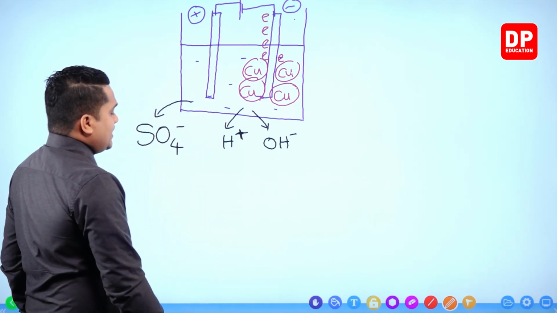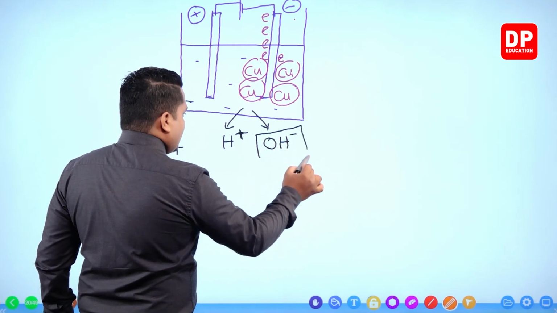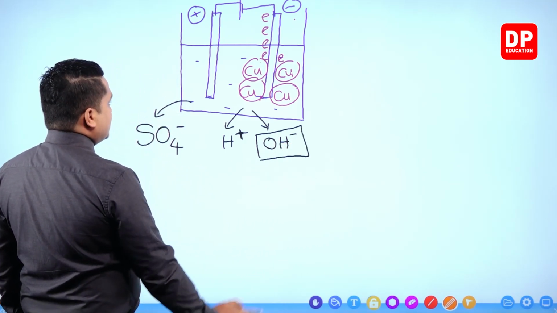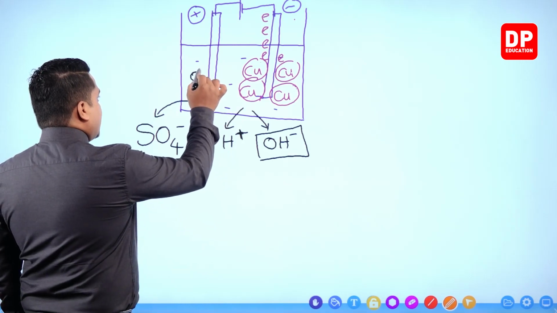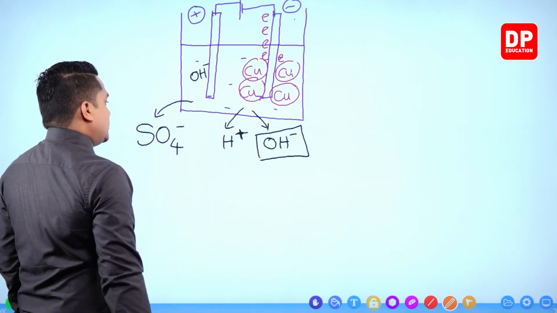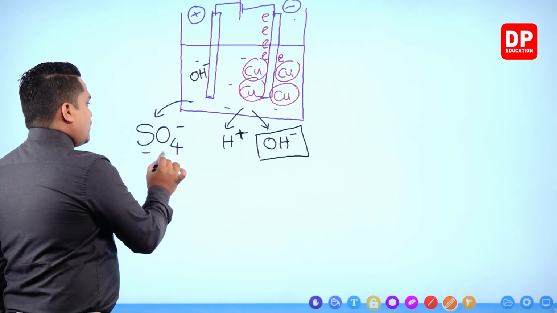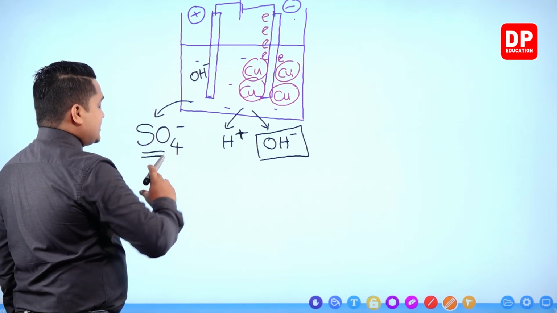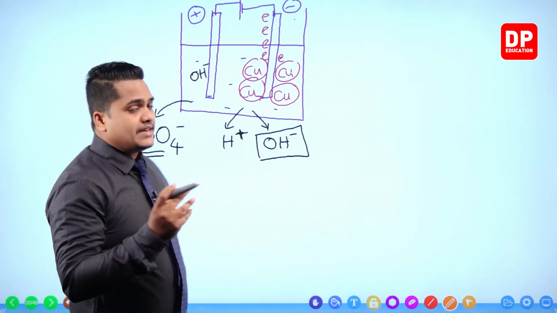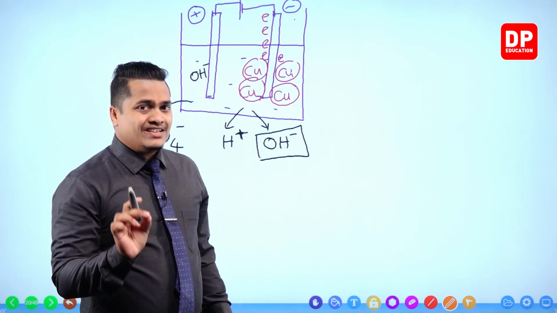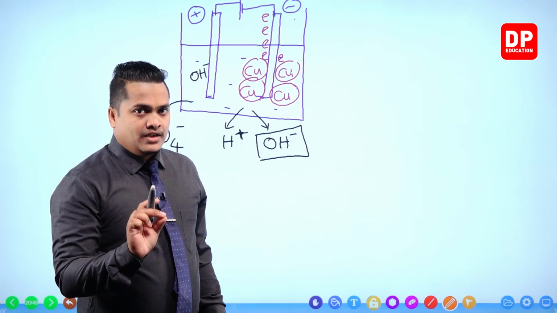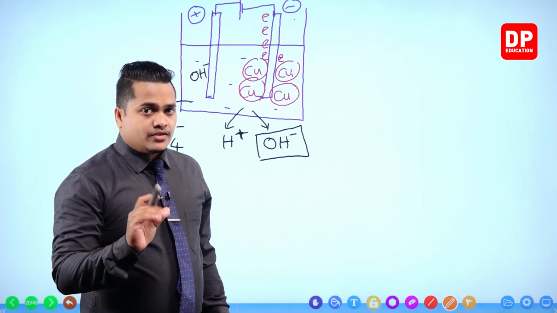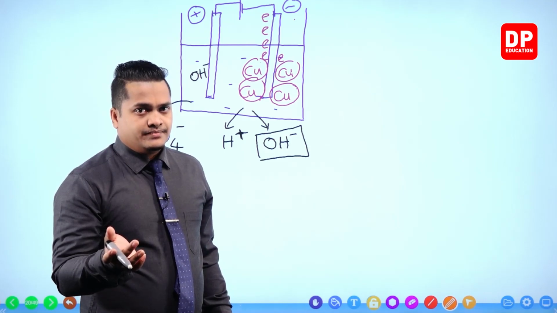So in water, the OH minus ion is the ion which is attracted to the positive terminal. The SO4 ion is also attracted, but it doesn't have the ability to create a change in the system.